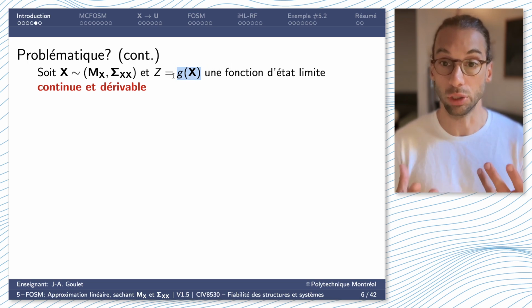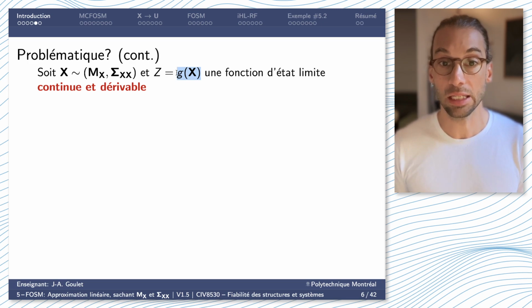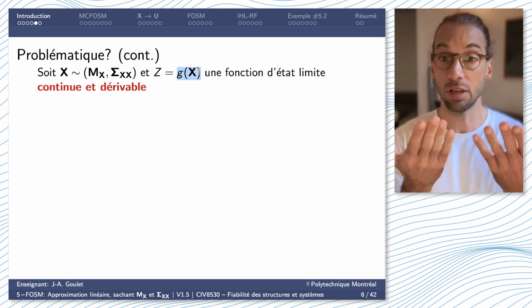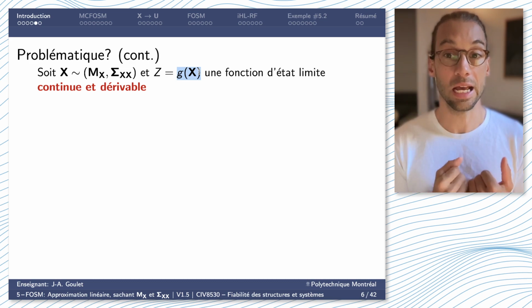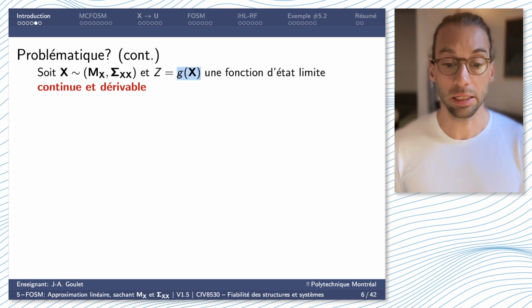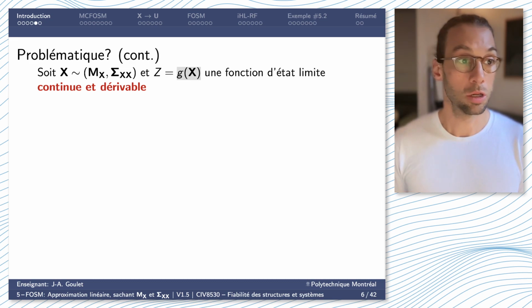Here, in a more general case, we can assume that Z is equal to G of X. Again, just like R minus S, it is going to be positive in the survival domain and negative in the failure domain. And we assume that G of X, in our case, is going to be continuous and differentiable.